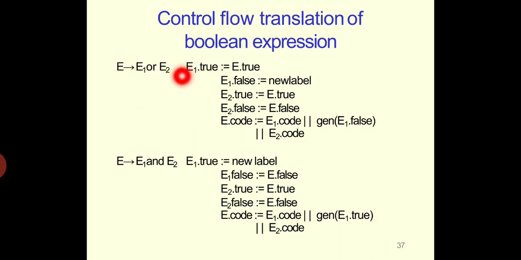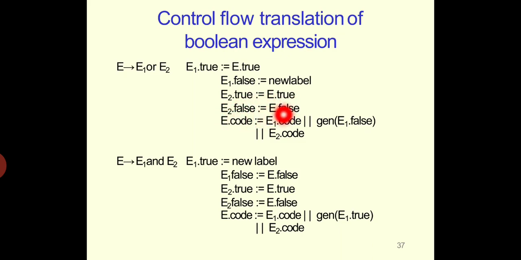So here if E1 is true, we can straightaway say that E dot true will be the result. Then E1 dot false will be a new label. If it is false, we have to evaluate E2. E2 dot true is equal to E dot true, since if E2 is true the expression will be true.